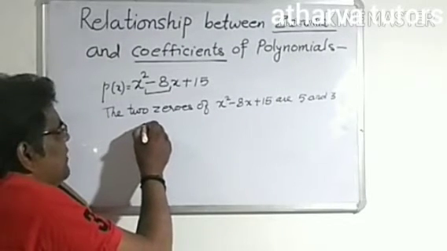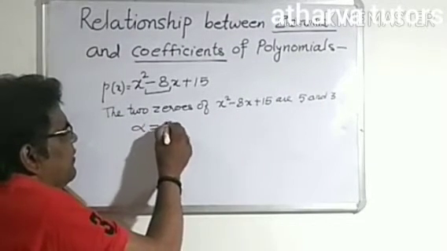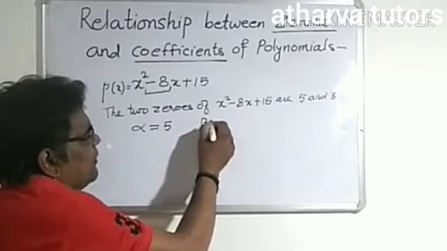We'll say that let one of the zeros be alpha and the other zero be beta.